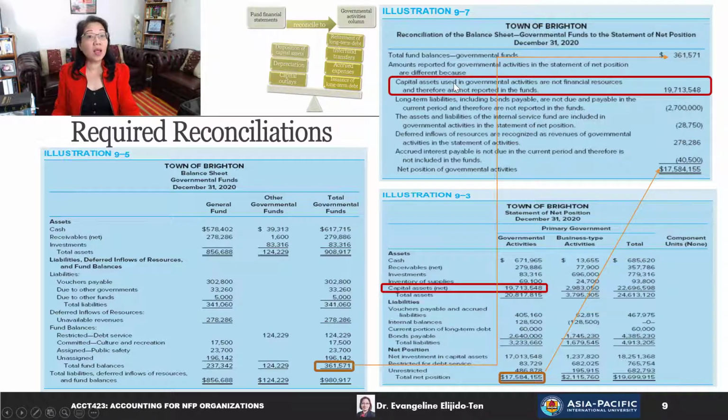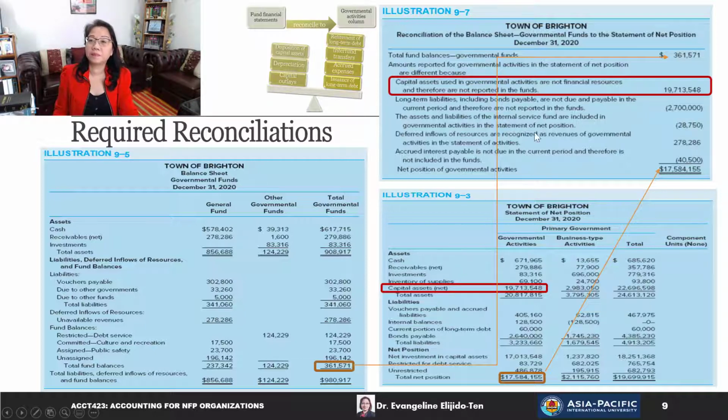And this is one of the reconciling items, because it says here that the capital assets used in governmental activities, government-wide, are not financial resources and therefore not reported in the funds. That makes sense because the fund uses modified accrual basis.